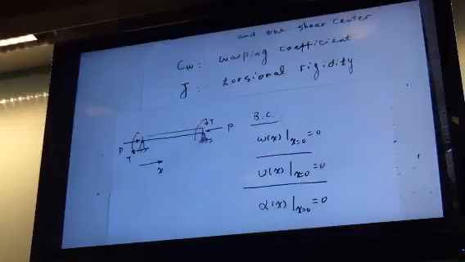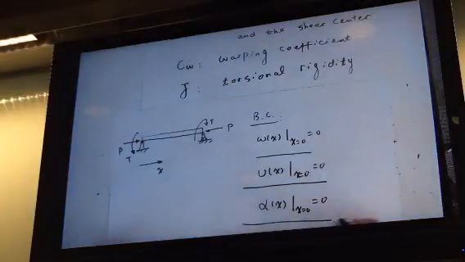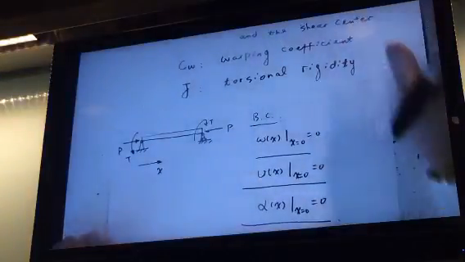Torque at this point should also be 0. Imagine torque as a moment. It's a pinning constraint, and at a pinning constraint there's no torque, no moment. Torque is the same unit as moment. Pinning constraint means no moment and no torque. So this is the so-called torque boundary condition, alpha(x).